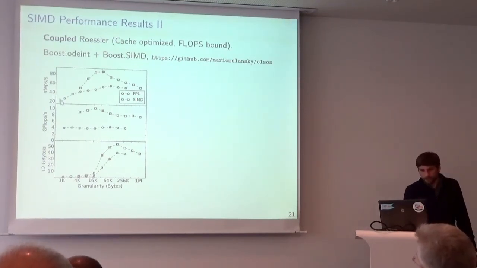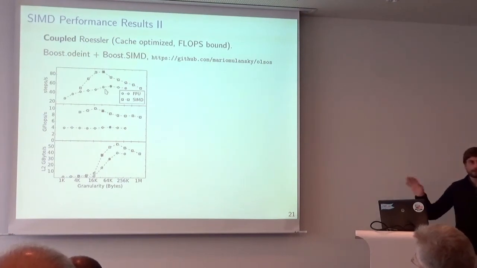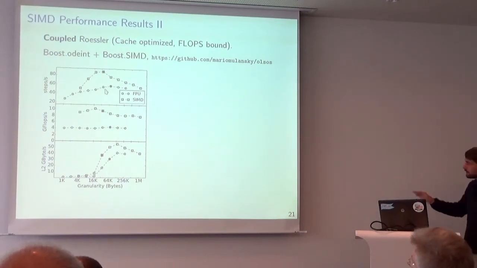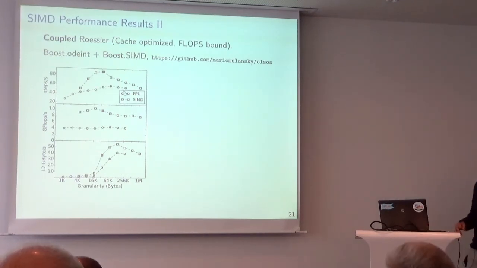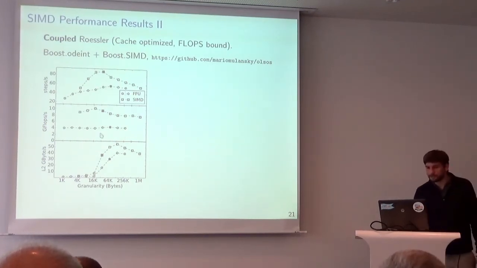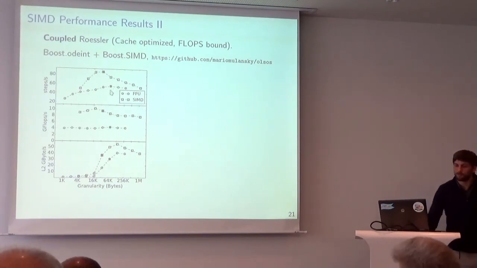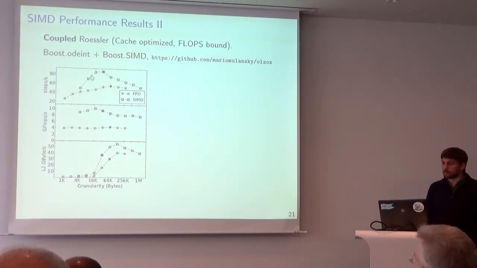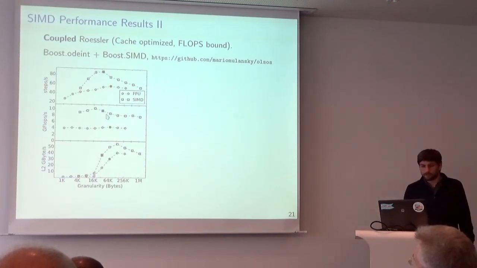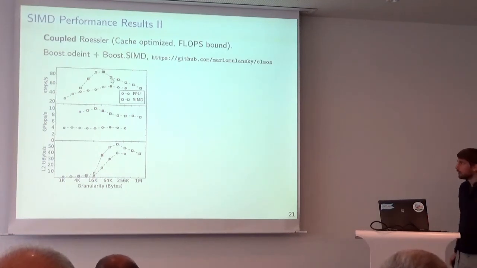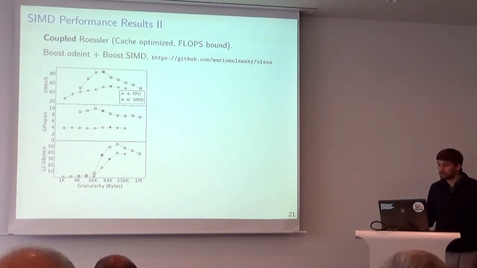Here, those circles are exactly the results I showed you in the beginning. So FPU based calculations for different granularity sizes. So essentially the cache optimization we had before. And now the squares are additional SIMD instructions. And you can see it's here much more sensitive to the cache size.